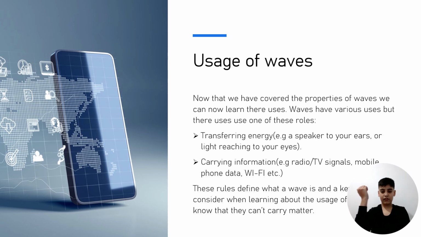Light transfers energy by moving. And don't think that only longitudinal waves fit in transferring energy. This is a completely different thing. So they both can mix about in this. Even sound transfers energy, and sound is a longitudinal wave.